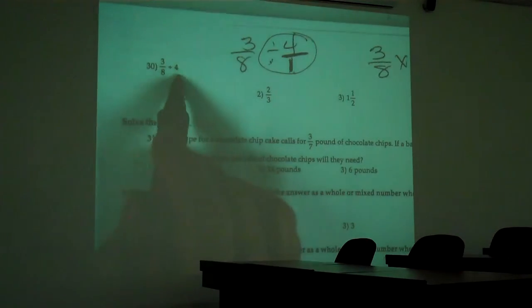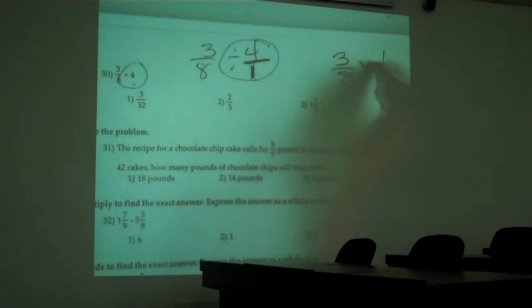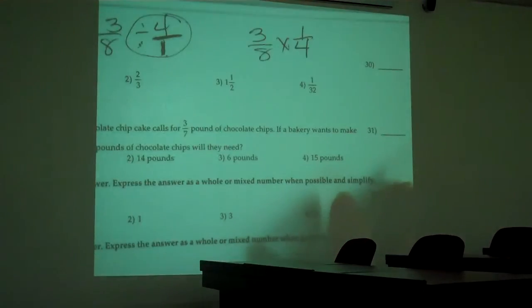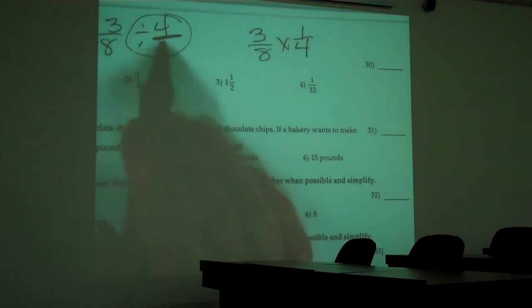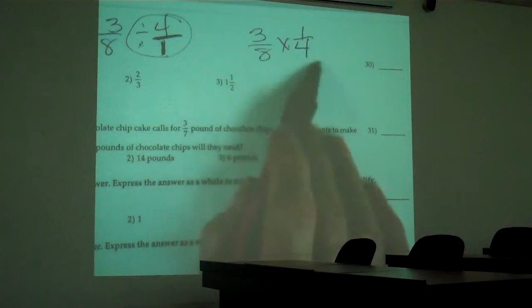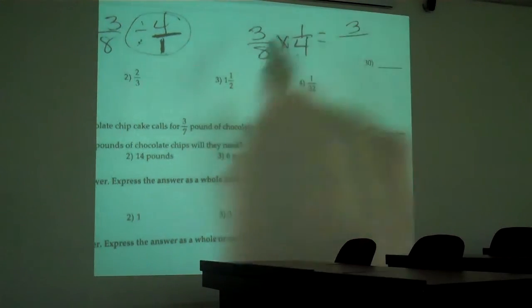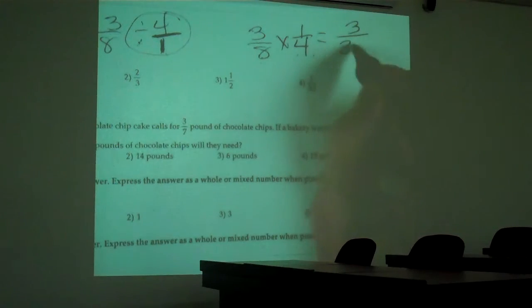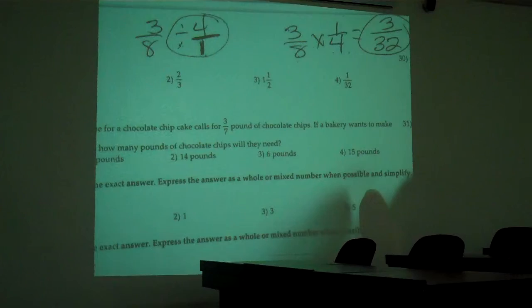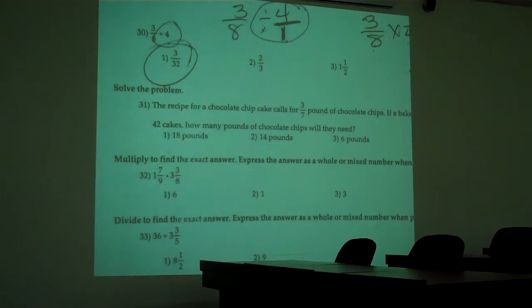Okay, it just said 4, but we had to make it 4/1. Now we're gonna flip it over. We have 1/4. Okay, can we divide? The 4 and 8? No. 3 times 1 is 3. 8 times 4 is 32. And that's as far as you can go. 3/32. 3/32 is number 1.